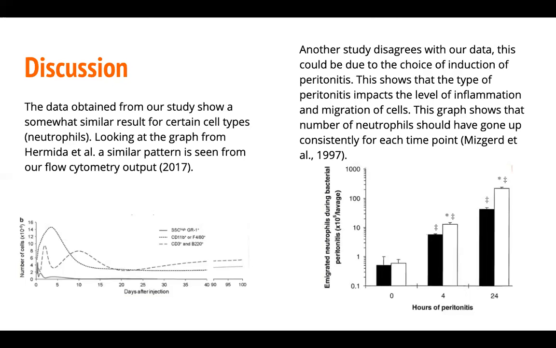On the right, we see a study that disagrees with our study, and it claims that we should have seen an upward trend of neutrophils, but instead we saw an initial spike and then a fall. And this could be due to the use of different mouse strains as well as a different choice in the peritonitis induction.